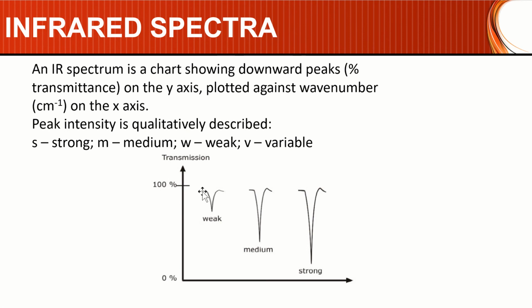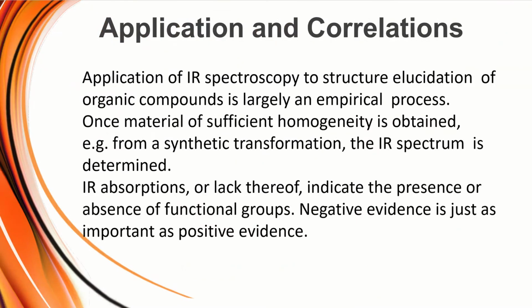So we will describe the peak as either strong, and you might just see S. When you look at the IR data tables, you might not see the word strong, medium, weak, or variable, but you might just see the letter S, M, W, or V, right? So what that means is that the peak is either strong, medium, or weak, relatively speaking. As we said, it's qualitative.